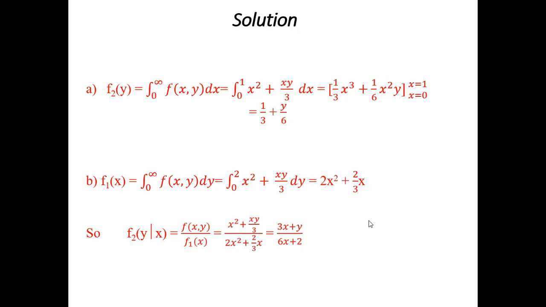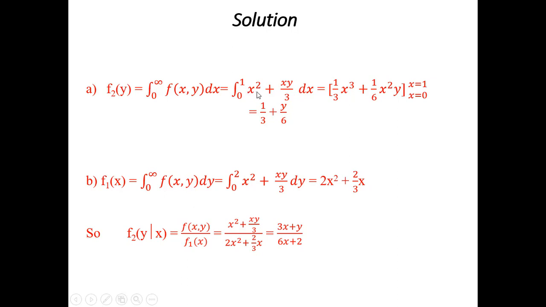All right, so the marginal PDF with respect to y. To find it, we, by definition, integrate our joint PDF f of xy. In this case, we're integrating from 0 to 1 of x squared plus xy over 3 dx.